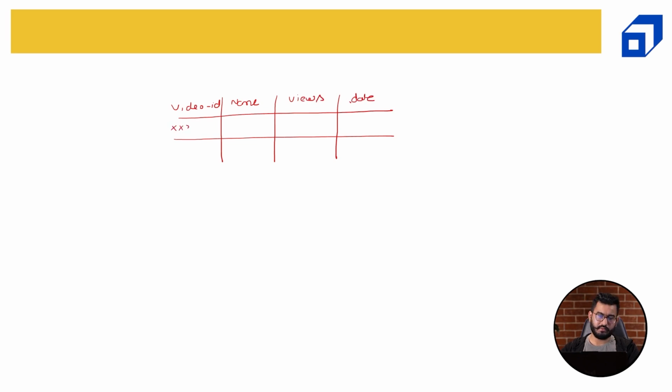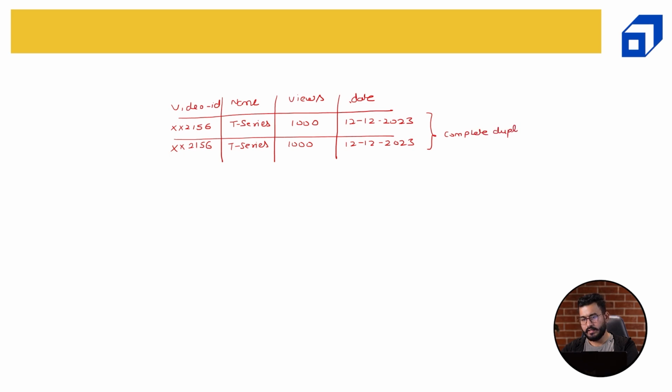Let's say the video ID XX2156, name is T series, views is 1000, date is 12/12/2023. If I get the same row with the exact same details, this is an example of a completely duplicated row.